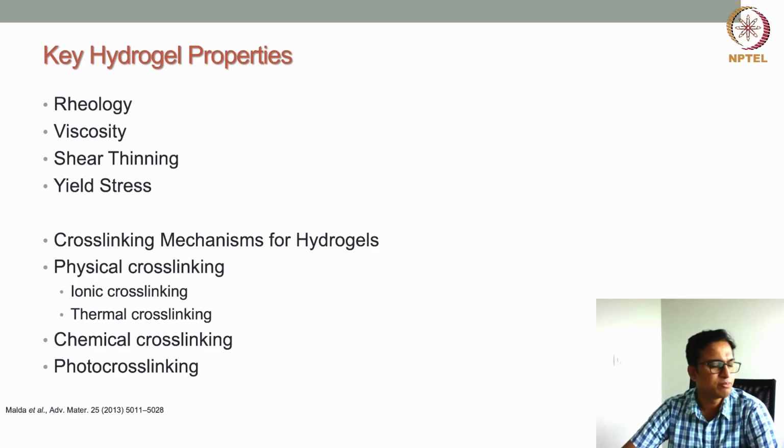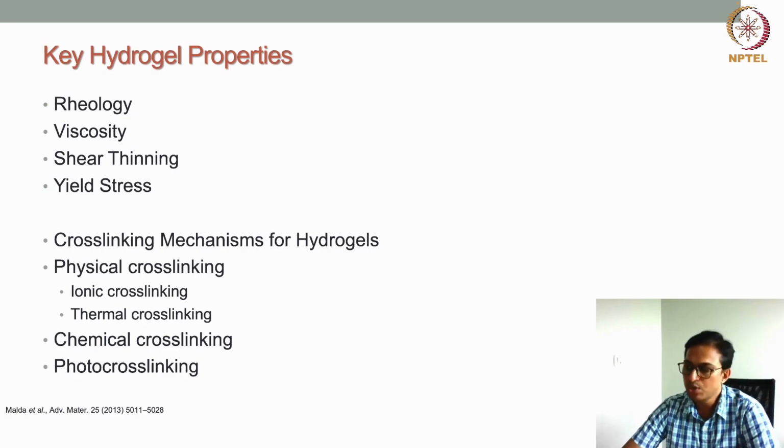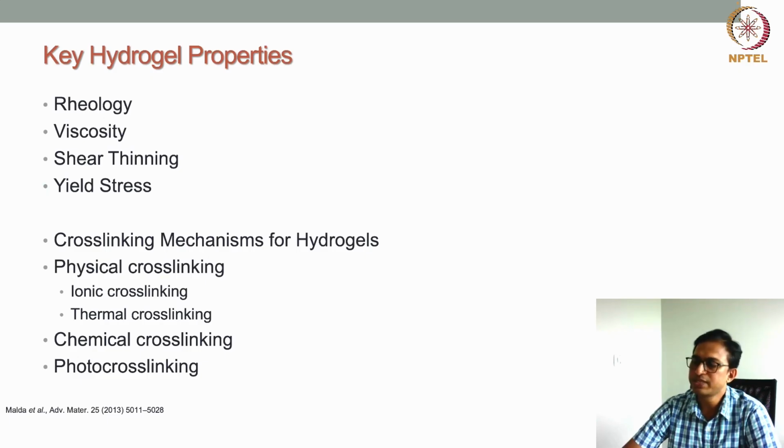In the cross-linking mechanism, we can cross-link the structure either by physical means, like ionic cross-linking, thermal cross-linking, or stereo complex cross-linking. All these are very important when we use physical cross-linking for hydrogels, because each of them has its own advantages and disadvantages. In case of chemical cross-linking, this process can be a little slow, but chemical cross-linking helps in further stabilization of the structure, so that structure deformation and structure stability can be improved further.